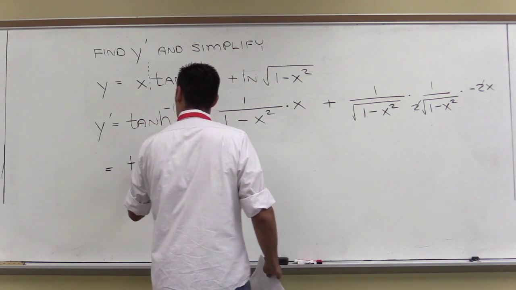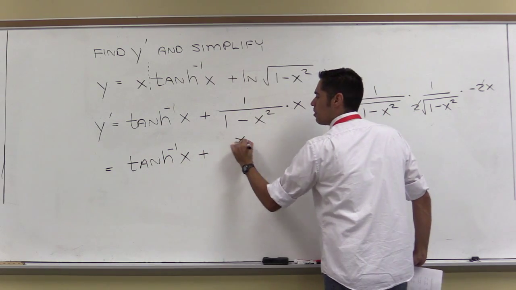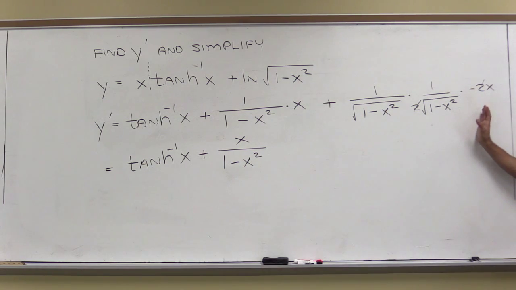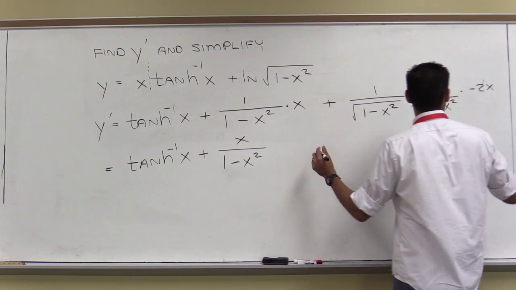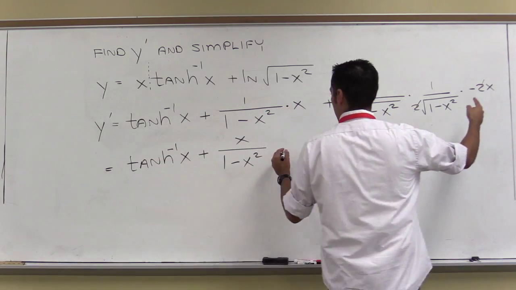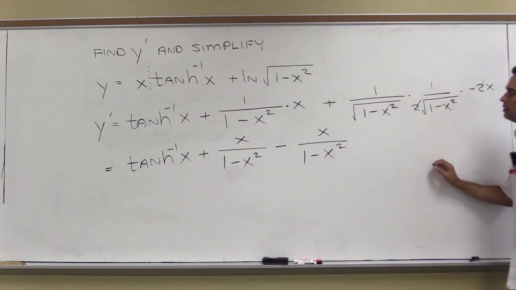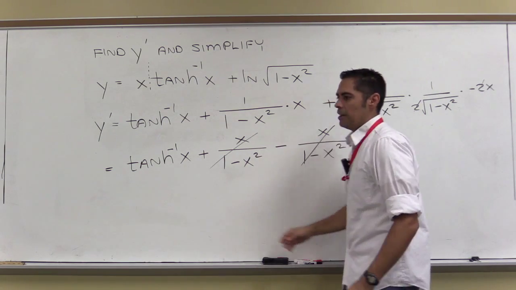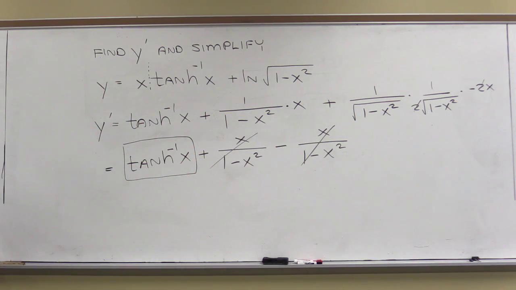You have tangent hyperbolic inverse, you have plus. This right here becomes x over 1 minus x squared. And then this actually turns out to be really nice, because this root times this root, you square it, the root goes away, you get the 1 minus x squared on the bottom. And on top, what do you have? Negative x. Or you could say minus x over 1 minus x squared. Right? That's what this turns into. And these cancel each other out. And your answer's the hyperbolic tangent inverse function of x.